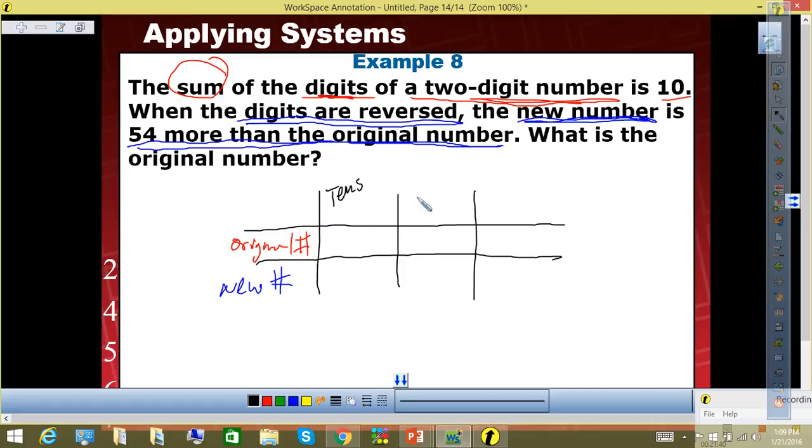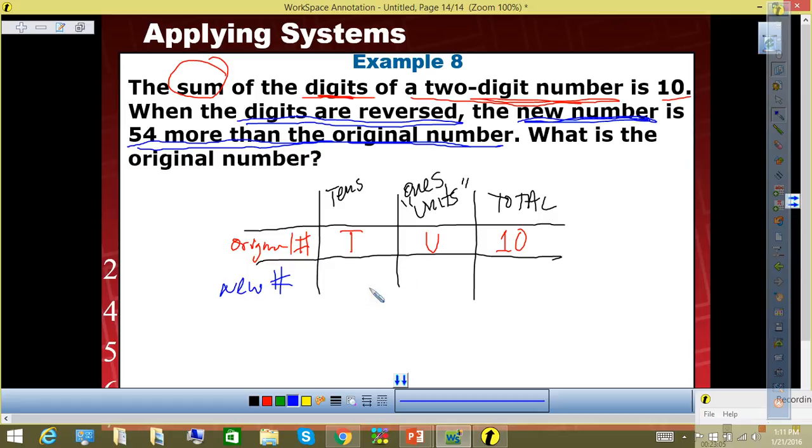Tens and ones, which is units, and the total. Do we know the original number? No. So therefore, for tens, we're going to label this one T. For units, we're going to label it U. And the total should be what? 10.